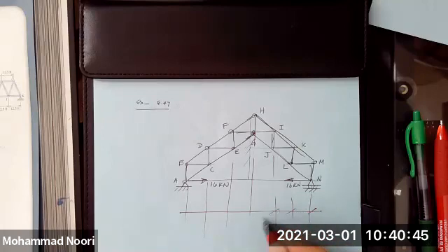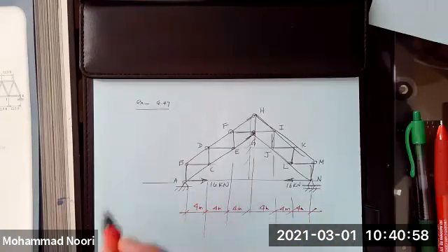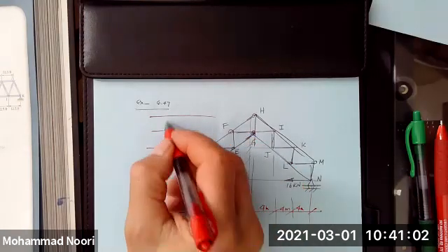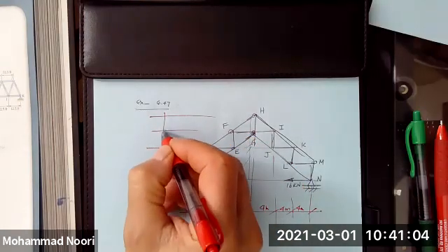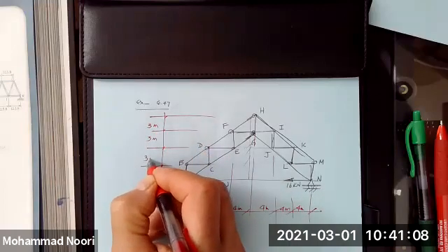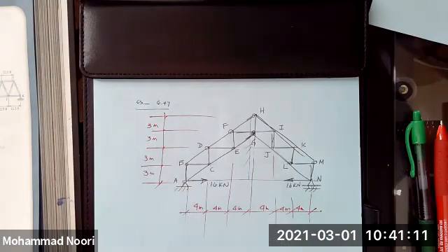So these are all 4 meters. And these spans are 3 meters each, the height. So 3 meters, 3 meters, 3 meters, 3 meters.